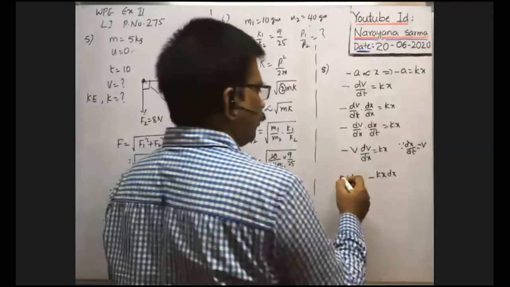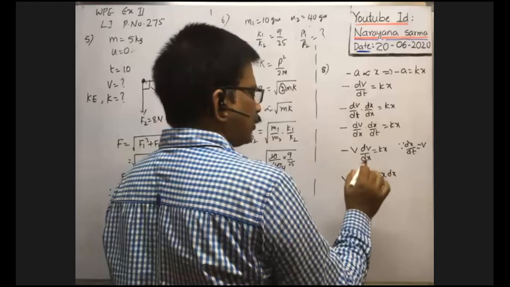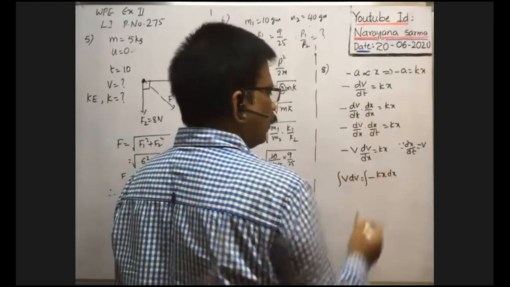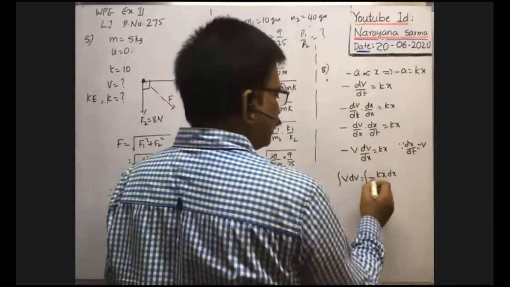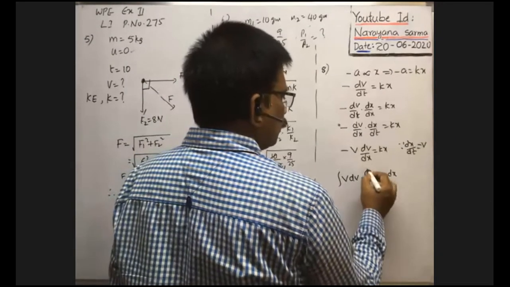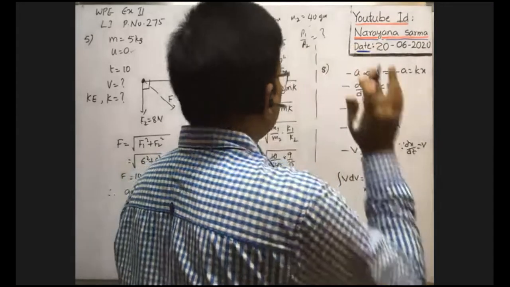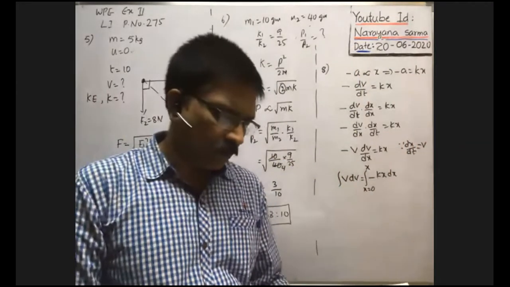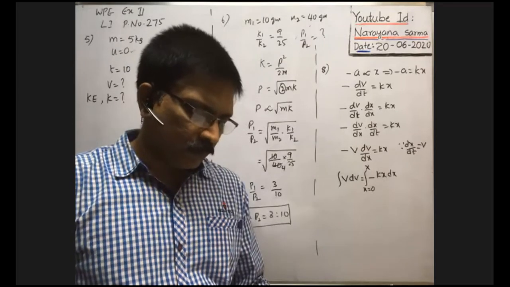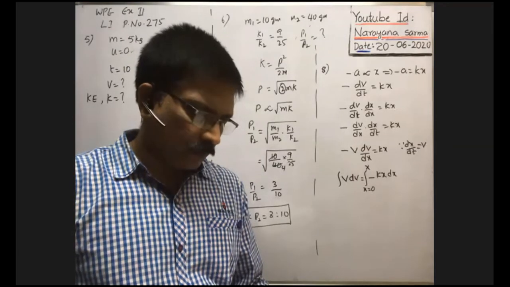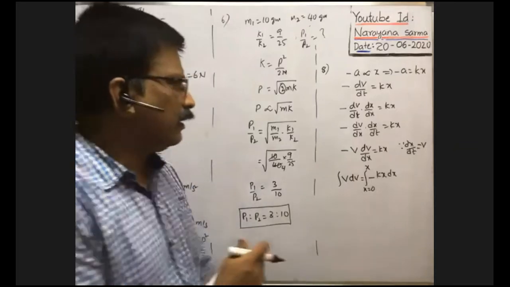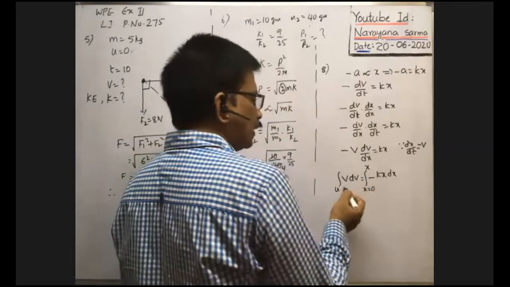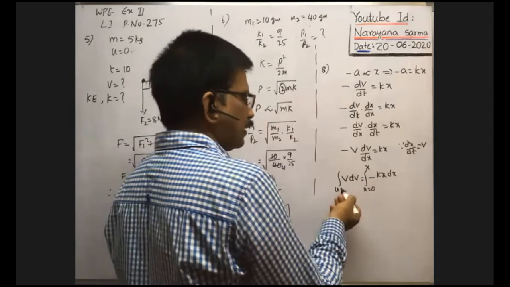Therefore, to obtain the v and x relation, you integrate them. Here the limits for x are from x equal to 0 to any displacement x. Initial velocity is not mentioned at x equal to 0, so suppose it is u.